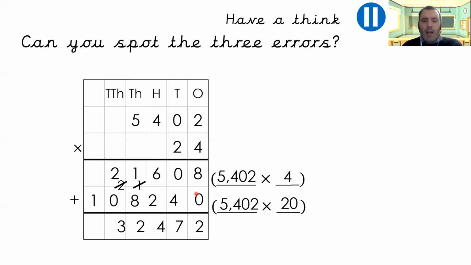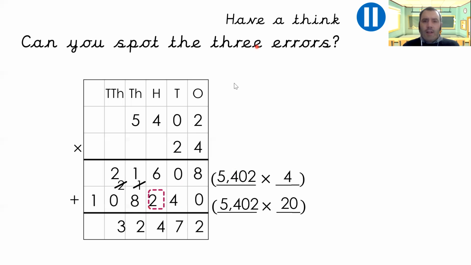My third mistake is very similar to my first mistake. I've got 2 times 2 to make 4. 2 times 0 doesn't make 2. As we all know, when we multiply by 0, it makes 0.